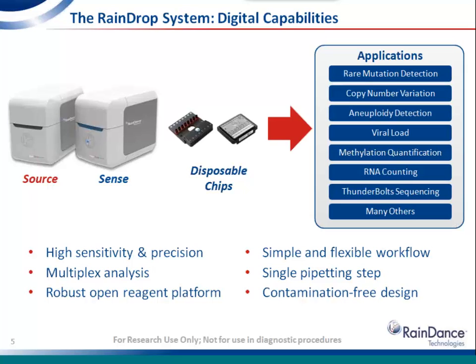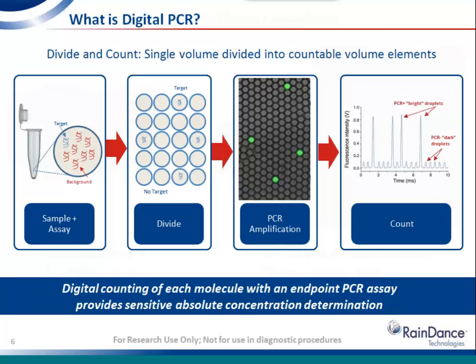The platform provides exquisitely high sensitivity and precision, multiplex analysis of each sample. The system is very robust and open to using many different reagents. It uses a simple and flexible workflow with a single pipetting step and incorporates contamination-free design.